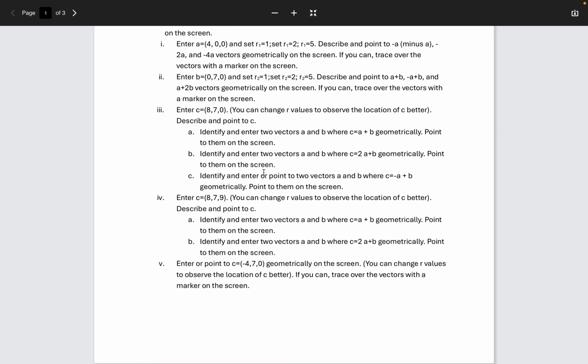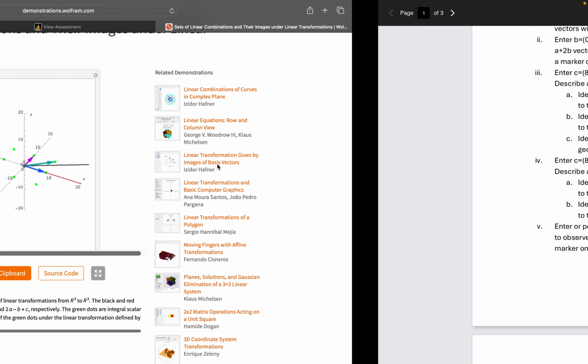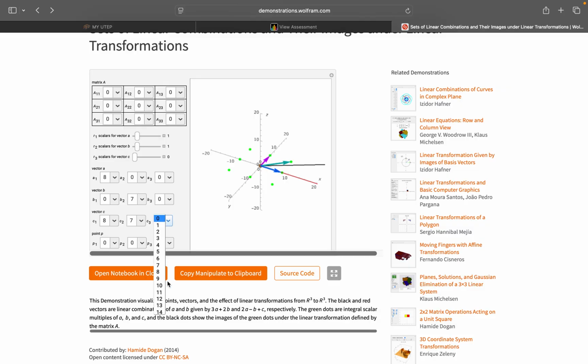Okay. So now we enter c 8, 7, and 9. And so this would be, let's turn out the scalars for c.